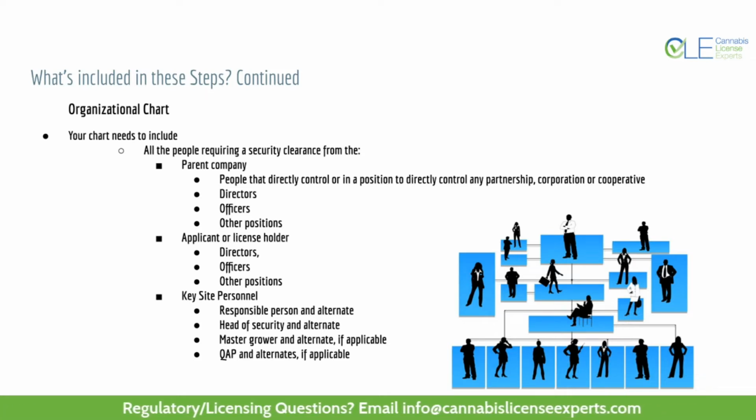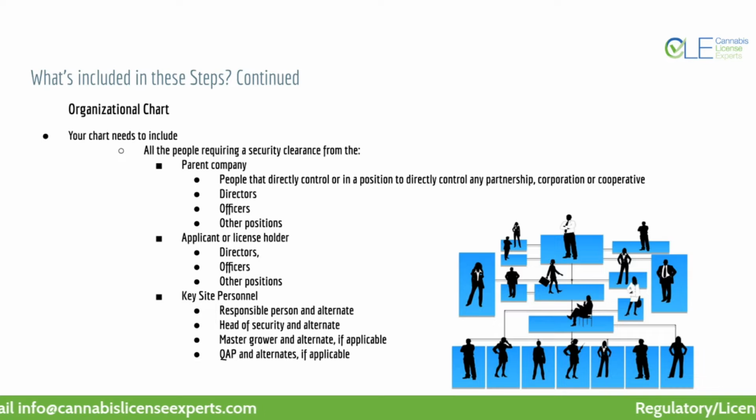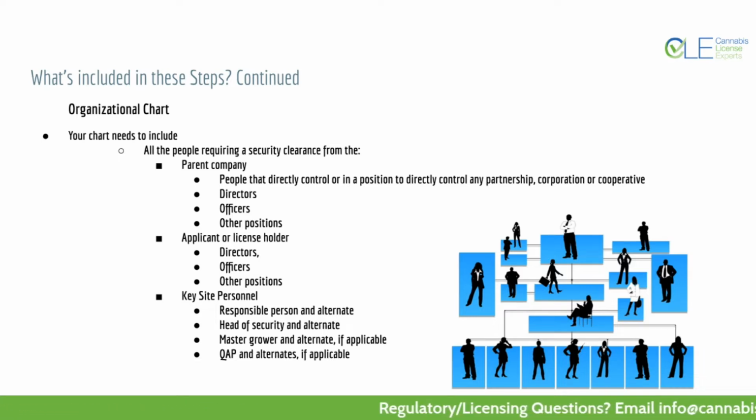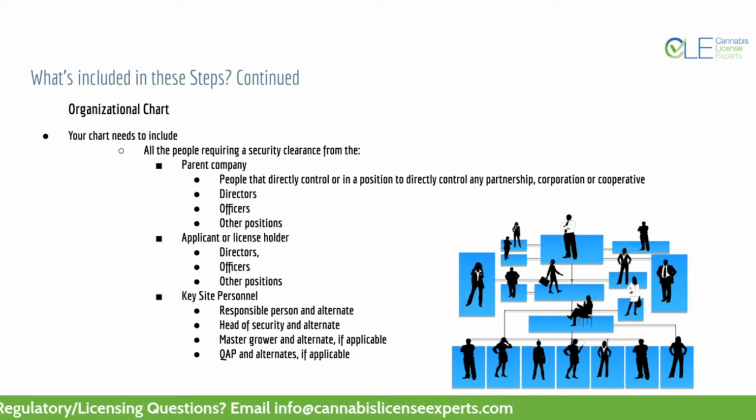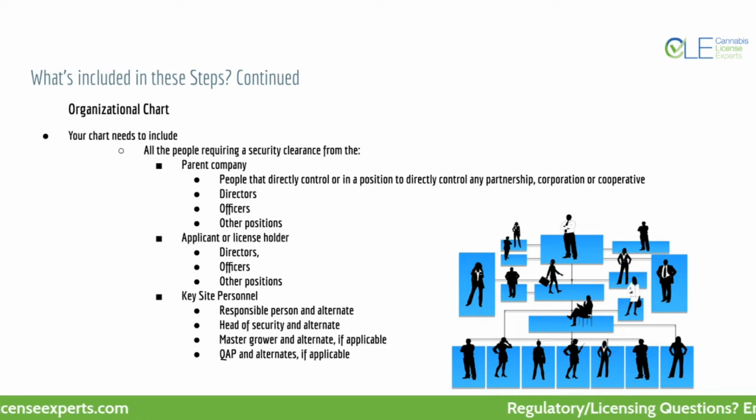A master grower and an alternate if you're cultivating, or nursery, obviously not required with just a microprocessing license. And your QAP and alternates, if applicable. Again, not required for cultivators and nursery license holders, but all processors will require a QAP on their application and employed throughout their operating time.